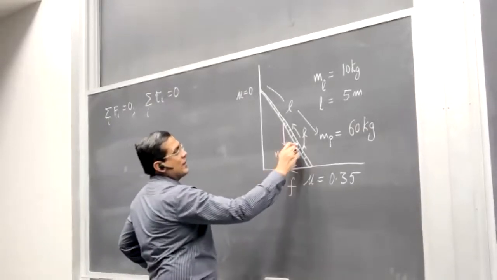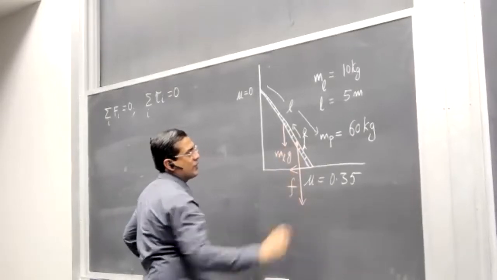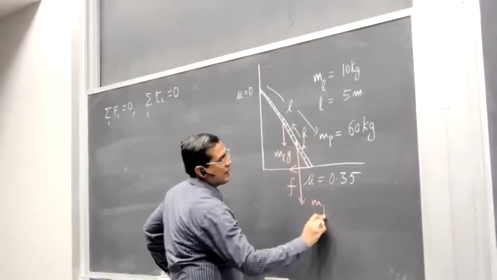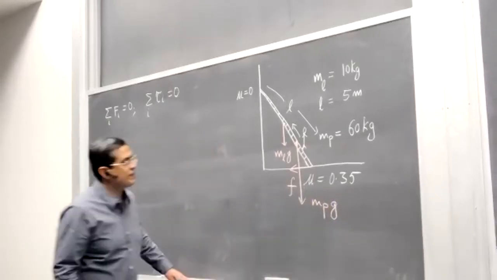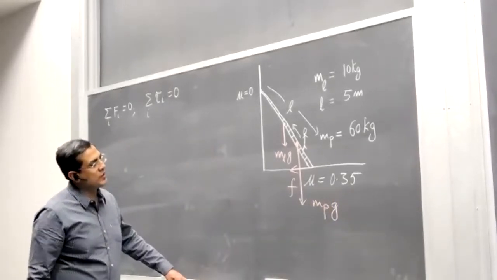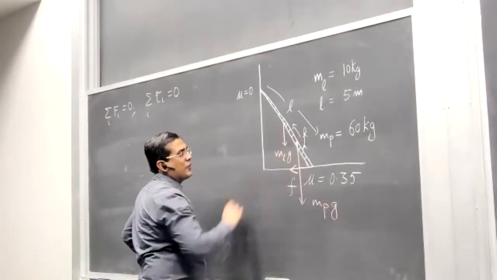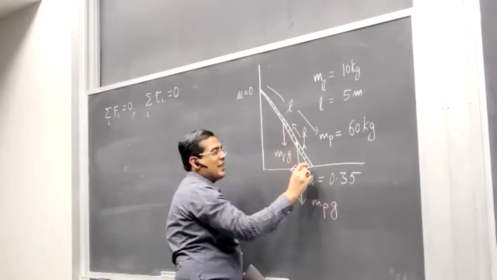Another force, depending on the position, is the force of the painter downwards. Let's call that MPG. Okay. So two forces downwards, one force leftwards. Now, of course, this ladder needs a normal force.